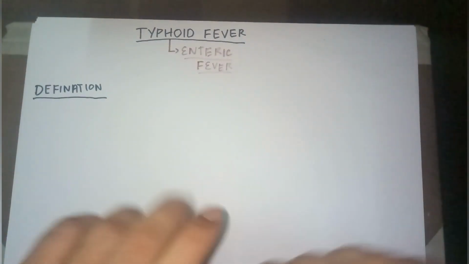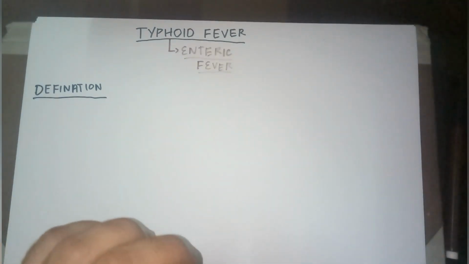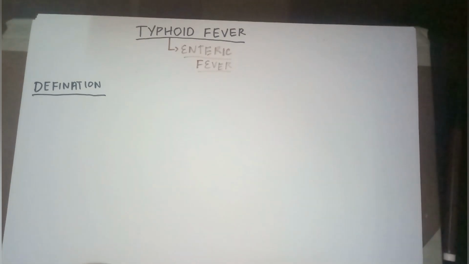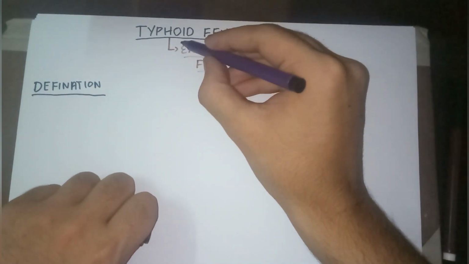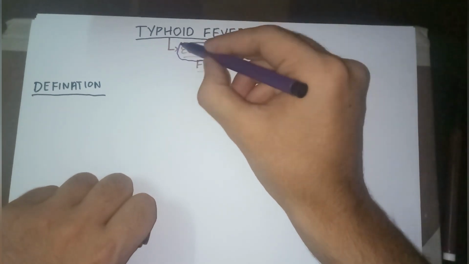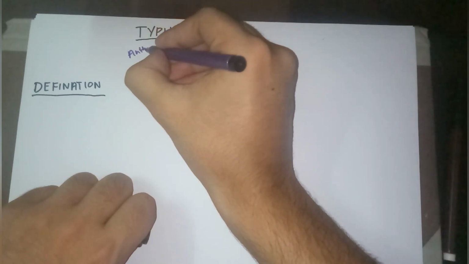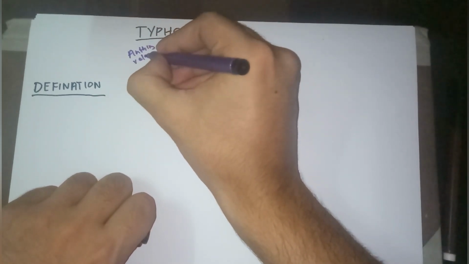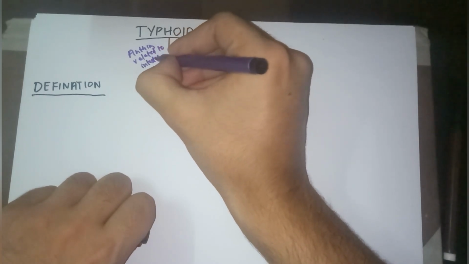So guys, what is your concept about enteric fever? Let me tell you that first we must know the meaning of enteric. It is anything related to the intestine, okay?